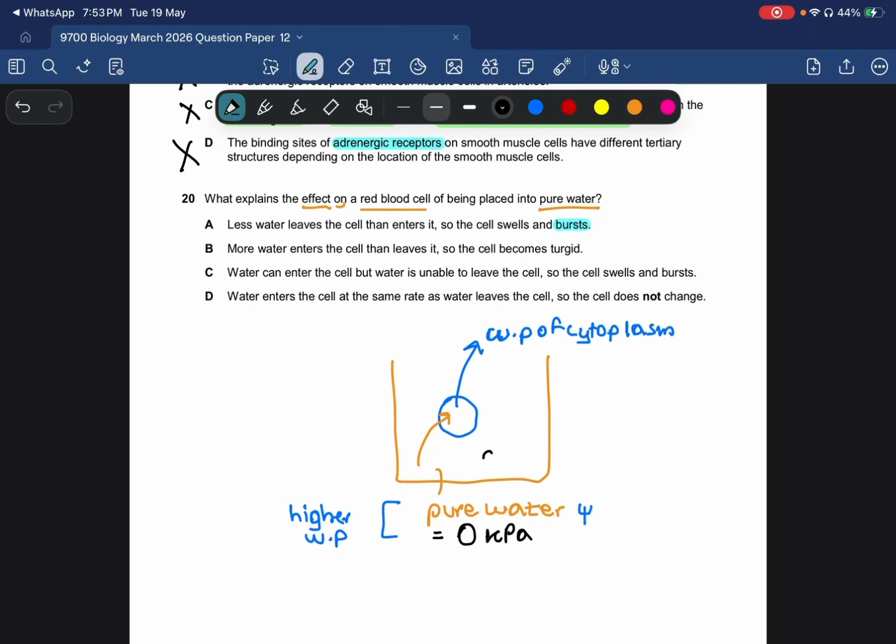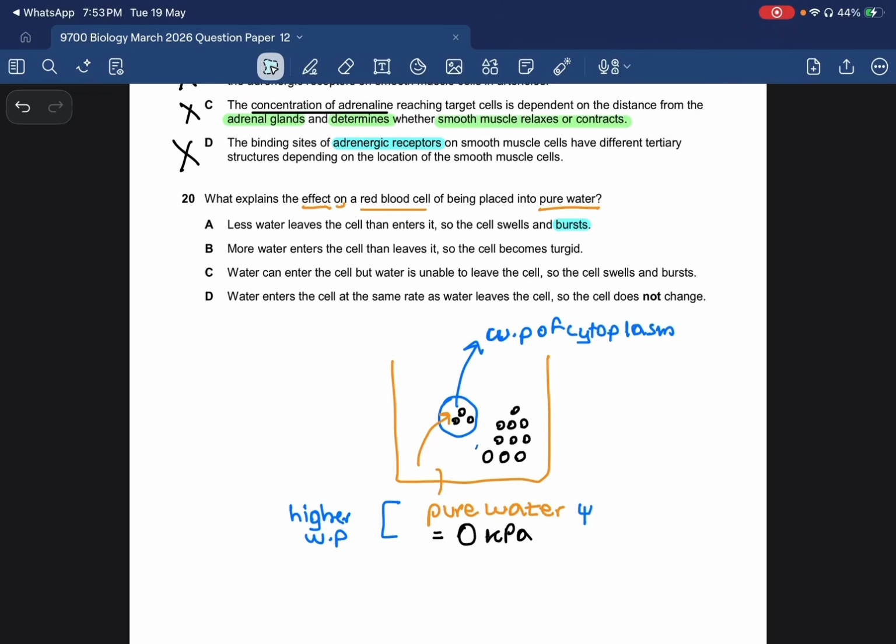Let's say you have 10 water molecules here and you have 3 water molecules here. In real life, let's say 6 water molecules move in, and at the same time, only 1 or 2 move out. How many moved in? 6. But how many moved out? 2. What's the net movement? What's the overall movement? 4 inwards.